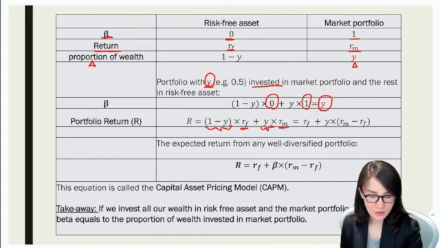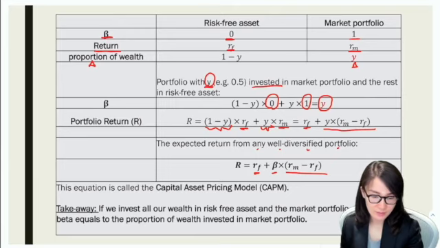We have R equals RF plus Y times (RM minus RF). Okay, exactly the same way with beta. The expected return from any well-diversified portfolio will equal RF plus beta times the market risk premium. And this equation is called the capital asset pricing model. The beta is the proportion that you put into the market portfolio.